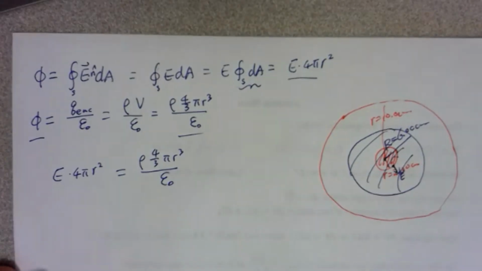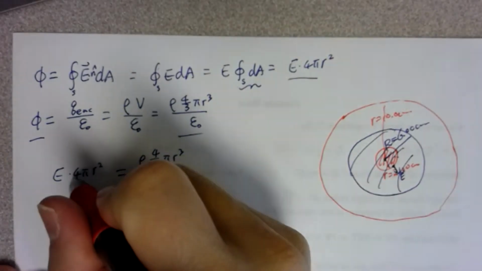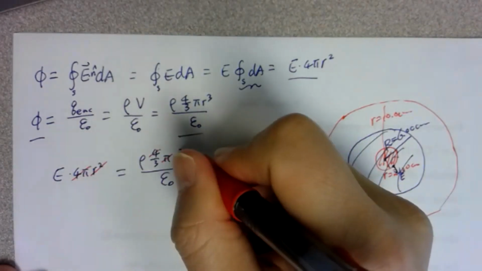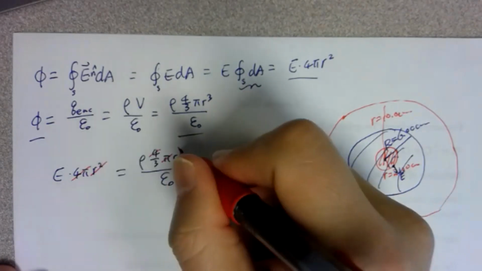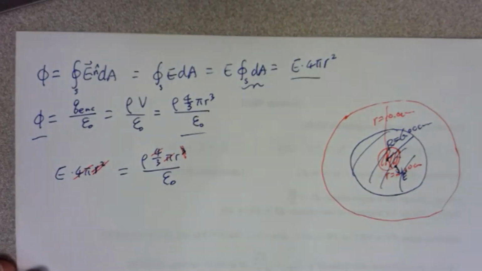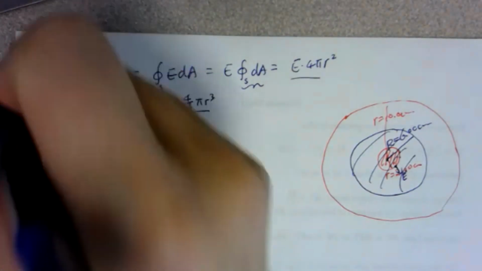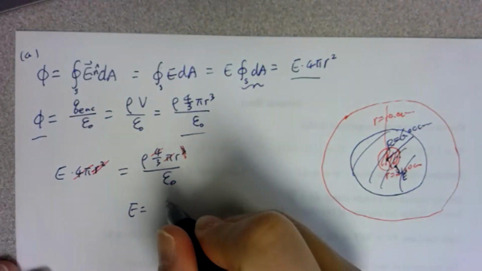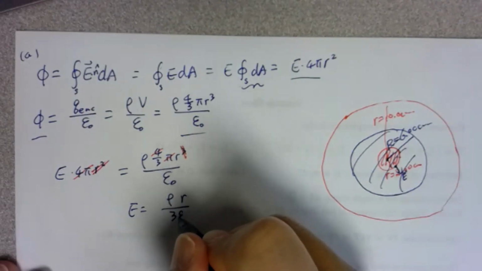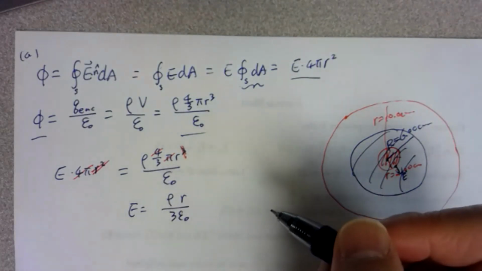You probably realize there could be cancellation: 4 pi and 4 pi cancel, and r squared cancels with r cubed, leaving r. So E is equal to rho times r over 3 times epsilon naught.